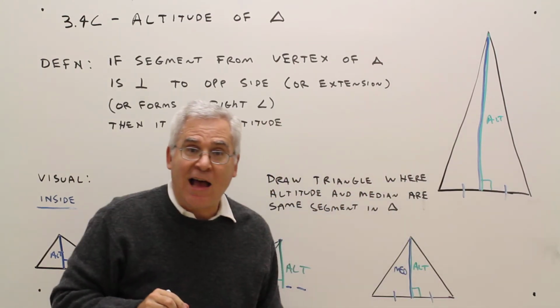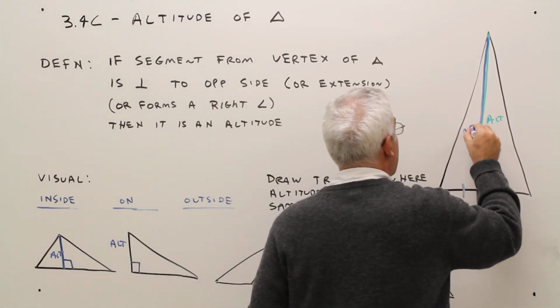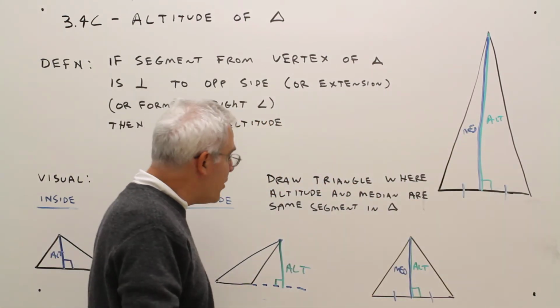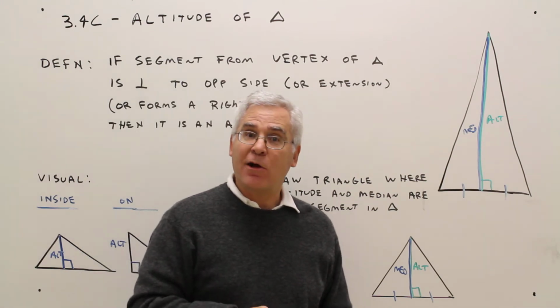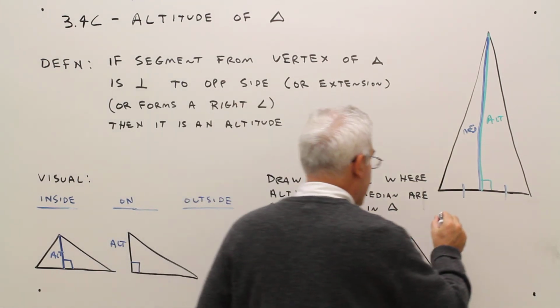Because it divides the opposite side into two congruent segments, that makes it a median. So the segment is both a median and an altitude. What kind of triangle do we call that? Isosceles. So I'll write that down.